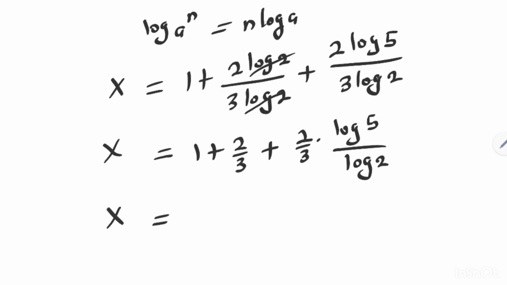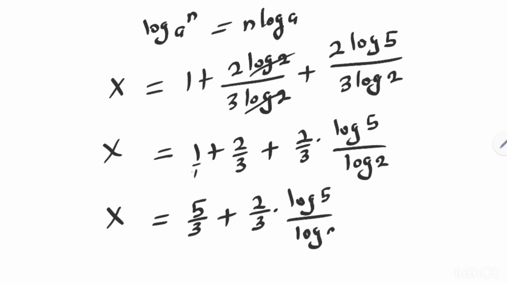x is equal to, here we have, this is over 1. The LCM is 3. 1 and 3, 3. 3 times 1, 3, plus 2, that is 5. 5 over 3 plus 2 over 3 multiplied by log 5 over log 2.